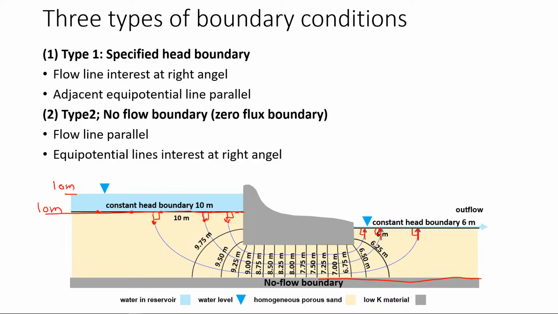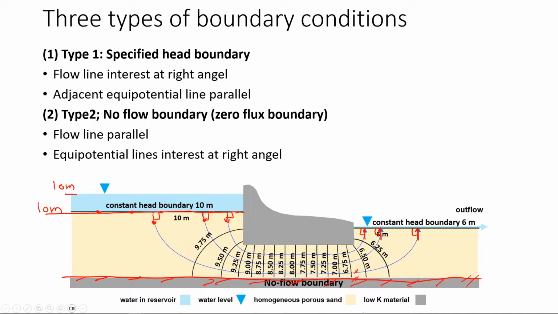Here is a no flow boundary, so water does not flow across it. What you need to know for the no flow boundary is that the flow line will be parallel to it. You see here, this one is parallel to this one.